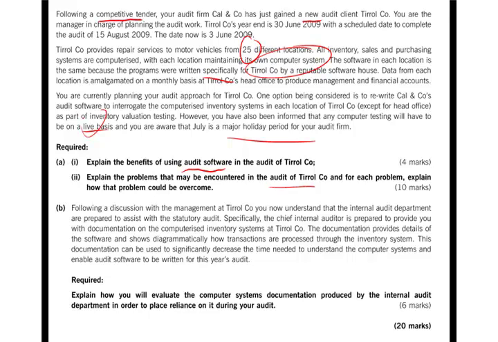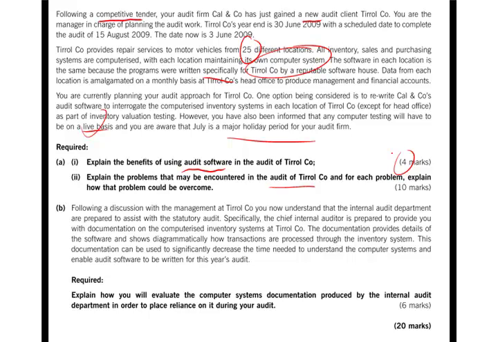So we've read the requirements, we've read the question, we've underlined areas of detail which we think significant, and then we can embark on the question. A. Explain the benefits of using audit software in the audit of Tyrrell Co. And it's 4 marks. Almost certainly you're looking for 4 benefits. These are going to be fairly standard benefits of using audit software, I should think.